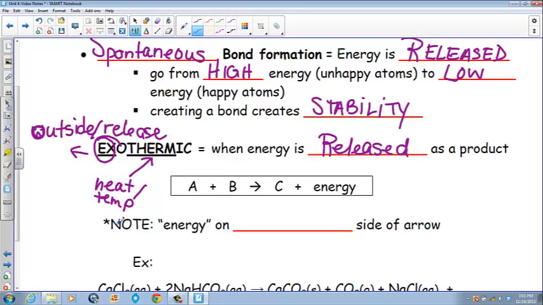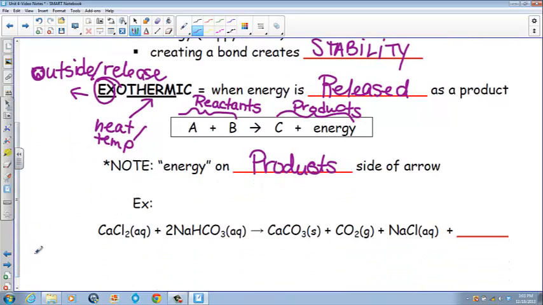So note, energy on product side of arrow. So these are your reactants over here. And everything on the right-hand side of the arrow are your products, what is being produced. So for example, we have an equation here.